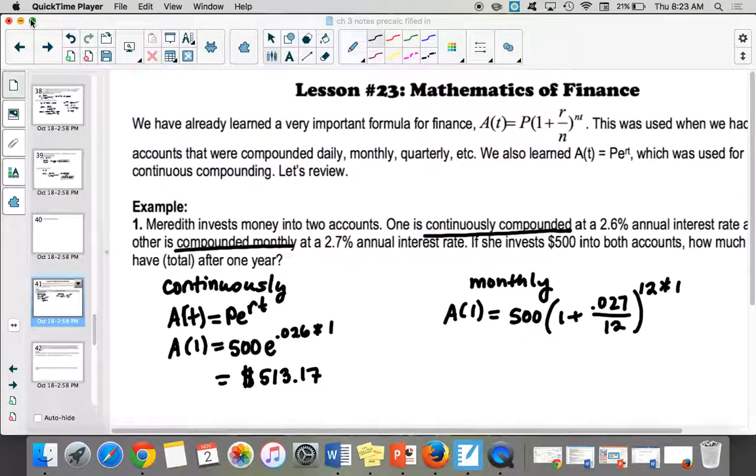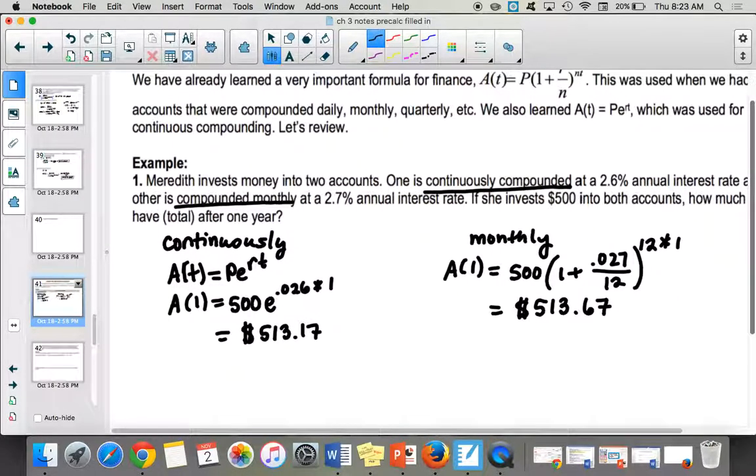So I do 1 plus 0.027 divided by 12, and then I raise it to the 12, and then I multiply by 500. Are you guys finding this on your calculator? Was it pretty close? Yeah, 513.67, so just a little bit more. So it's good to shop around. It's good to find what investments are the best.